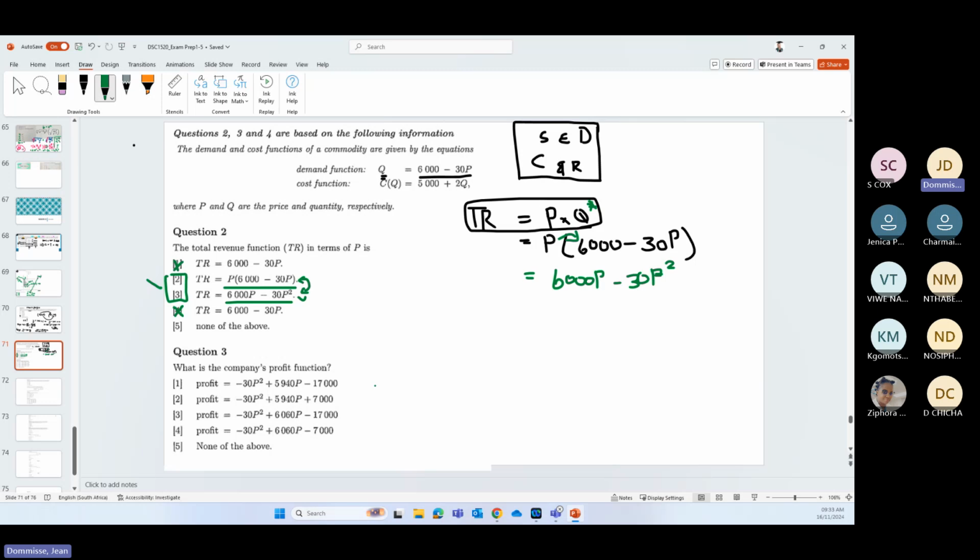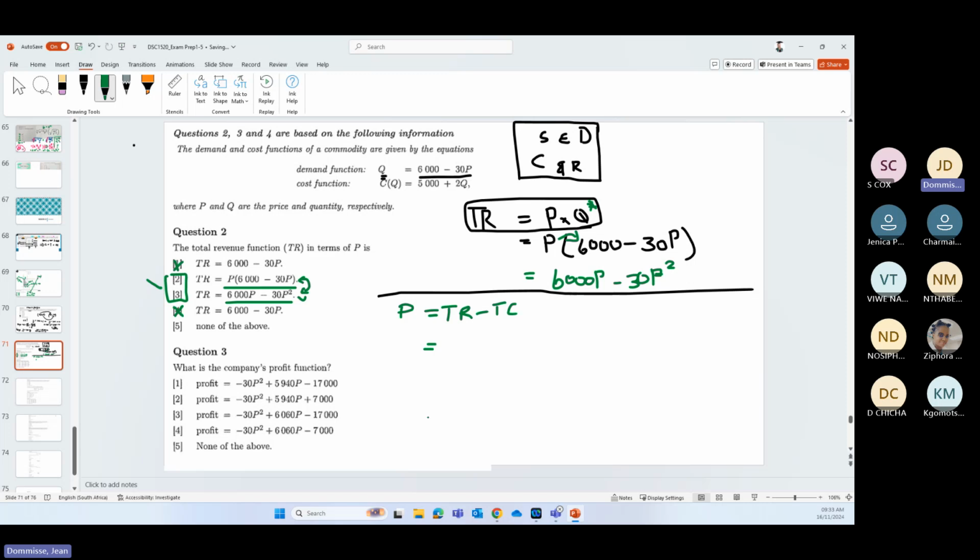Okay, profit function. So profit is total revenue minus total cost. So this again is where I don't like these questions that follow on one another, because if you had question 2 wrong, automatically question 3 is wrong.